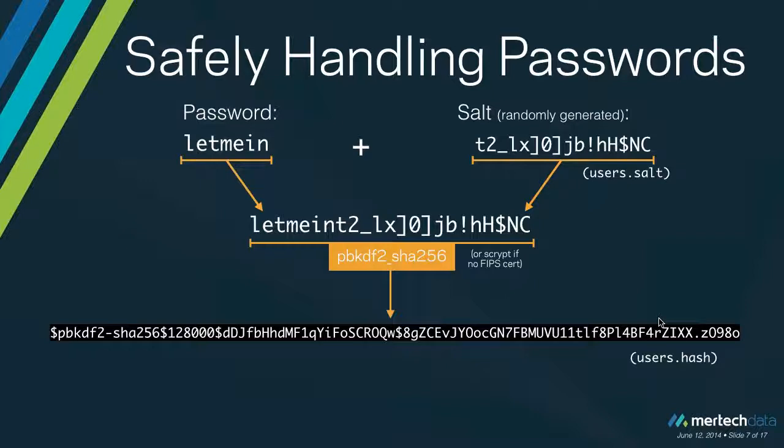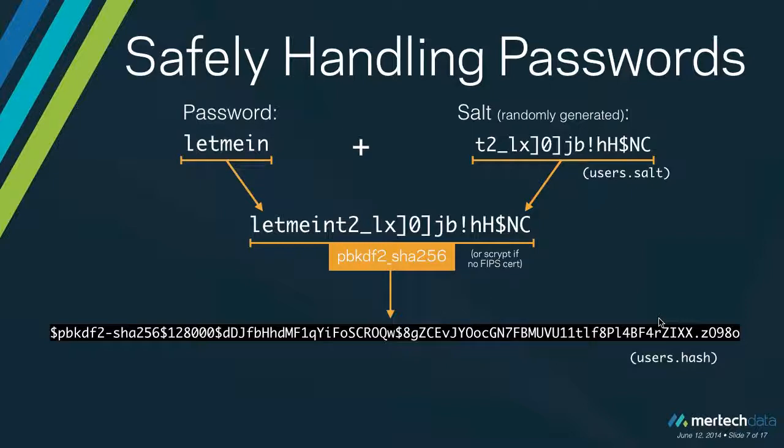By storing the hash in our database, when a user goes to log in, we take the password and the randomly generated salt we have stored for that user. We put the two together, run the hashing algorithm on it, and see if it hashes to the same thing we have stored in our database. Now we've verified that the user has entered the correct password, even though we're not storing that password. That's the basic idea behind a hash. When you use these, you have to make sure that each record gets its own salt.